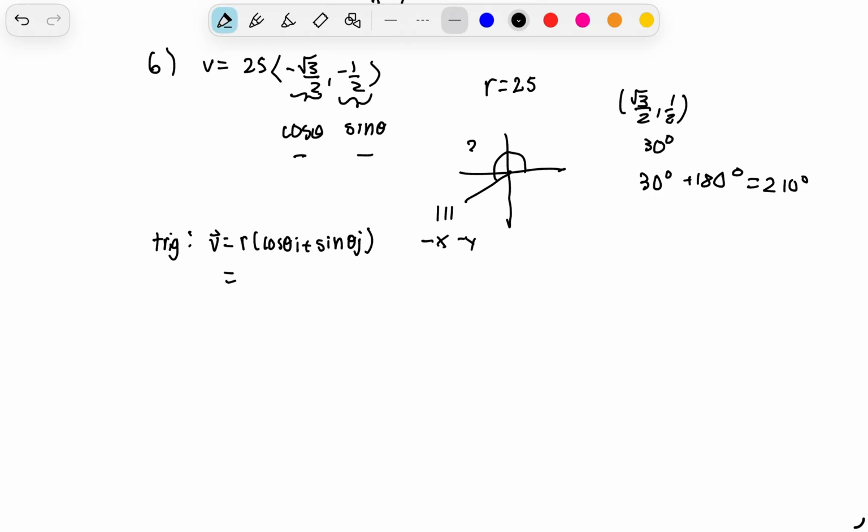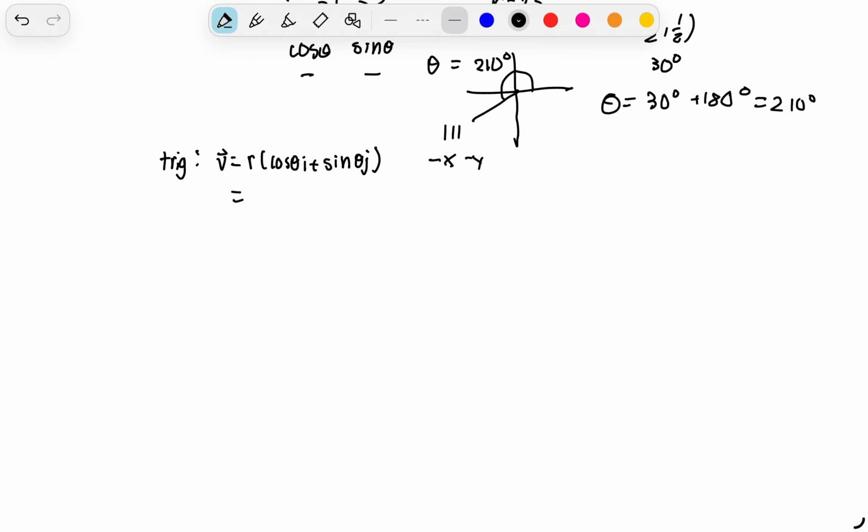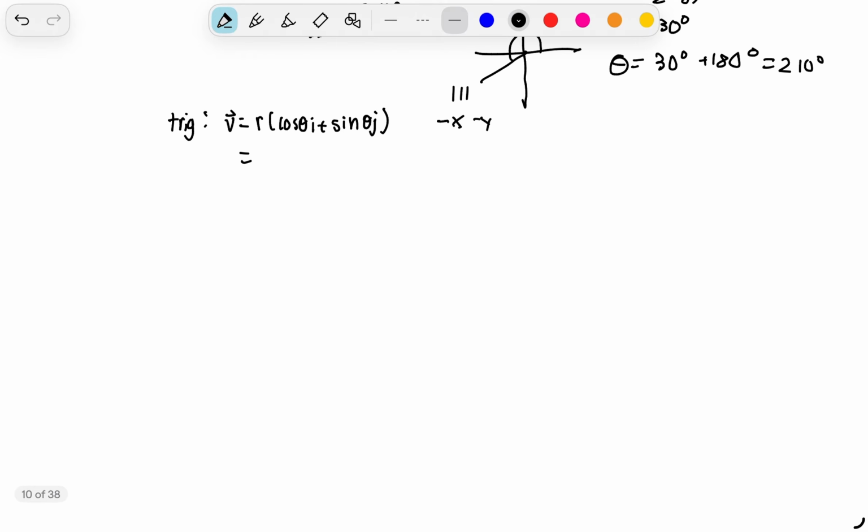Now we can write the trig form, where we substitute in theta as 210, and also our r. So we're going to have 25 cosine 210 i plus sine 210 j. So that's the vector.